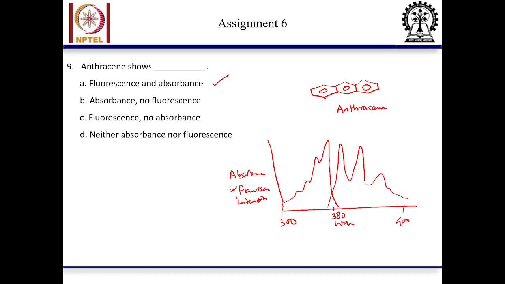So one important thing is that you have to have the excitation wavelength. You have to get the concept of what the excitation wavelength is. Where the maximum absorbance is, that lambda max, is basically your excitation wavelength.